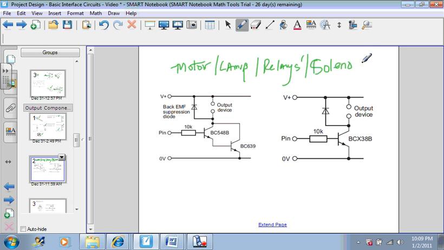Generally, when you need current more than 25 or 30 milliamps, you would have to connect it to something like this.